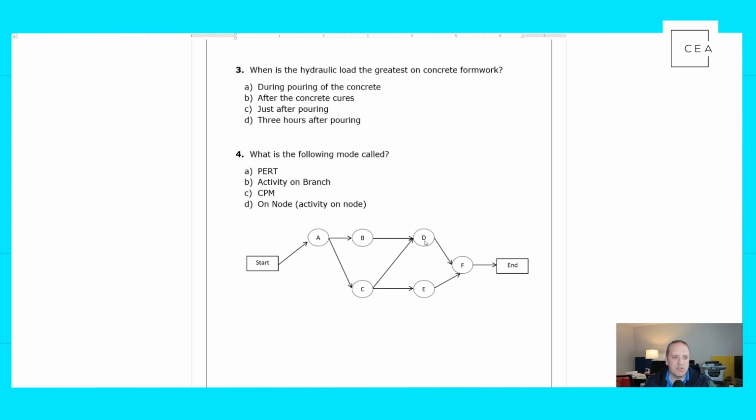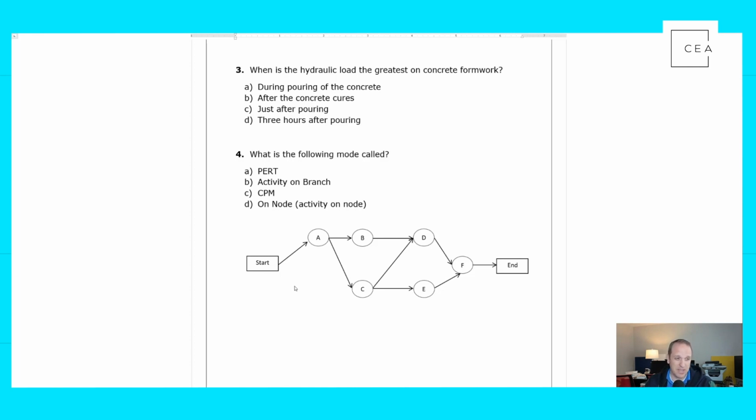So from B, it goes to D, and from C, it points to D and E, and then from D, it points to F, and E points to F, and then from F, it points to the end of this schedule, or these activities. So it says, what is the following model called? Is it called a PERT? Is it an activity on branch?